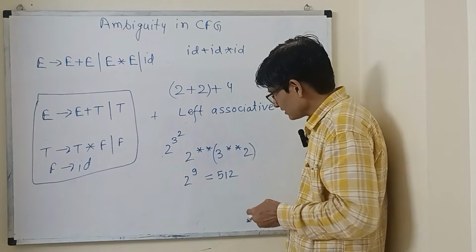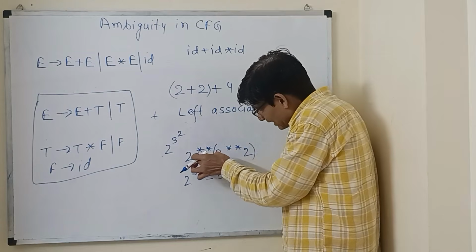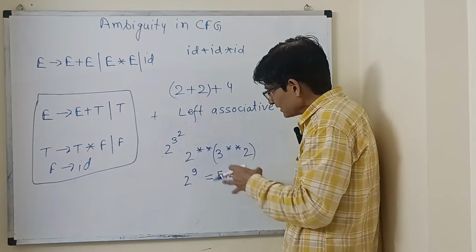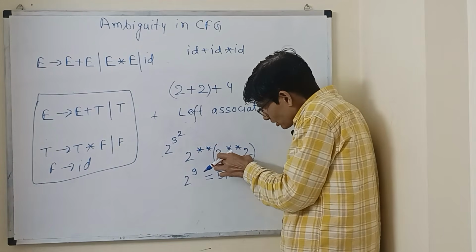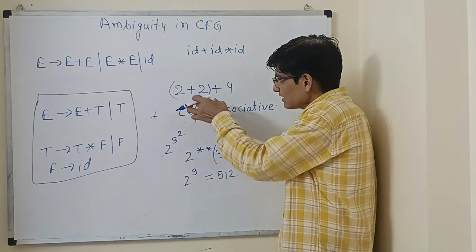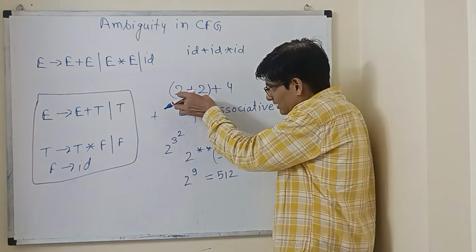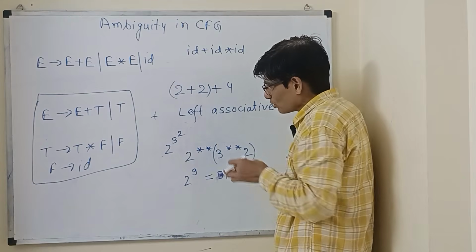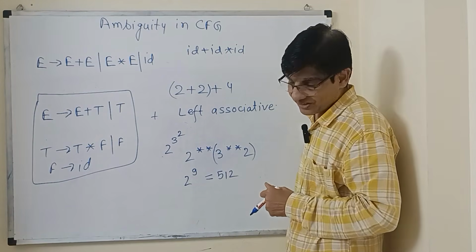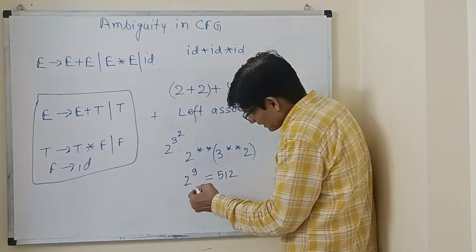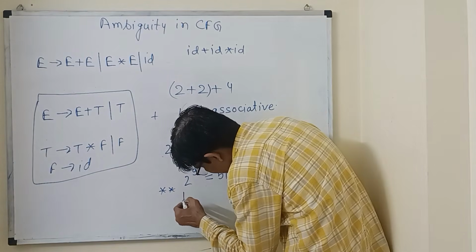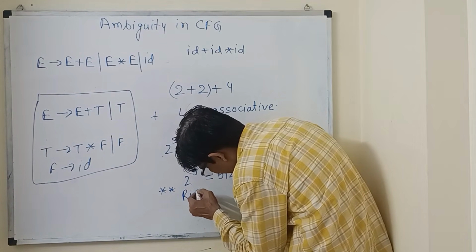As you can see, both the operators are the same in this case also, but here we are solving the rightmost operator first. In the earlier example we solved the leftmost operator first, but here we solve the rightmost operator first. So this exponentiation is a right associative operator.